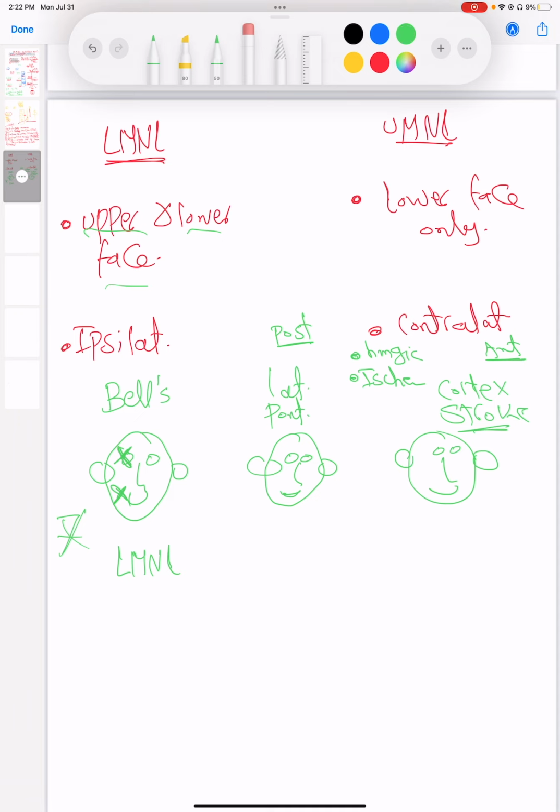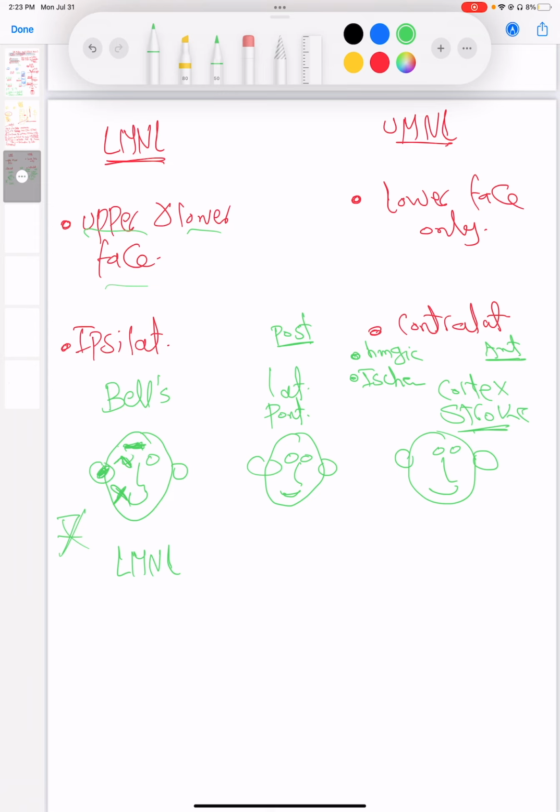Facial weakness, upper and lower, and it supplies two muscles, which are orbicularis oculi and the stapedius. So that's Bell's palsy. It's lower motor neuron lesion, so it involves upper and lower face, ipsilaterally.